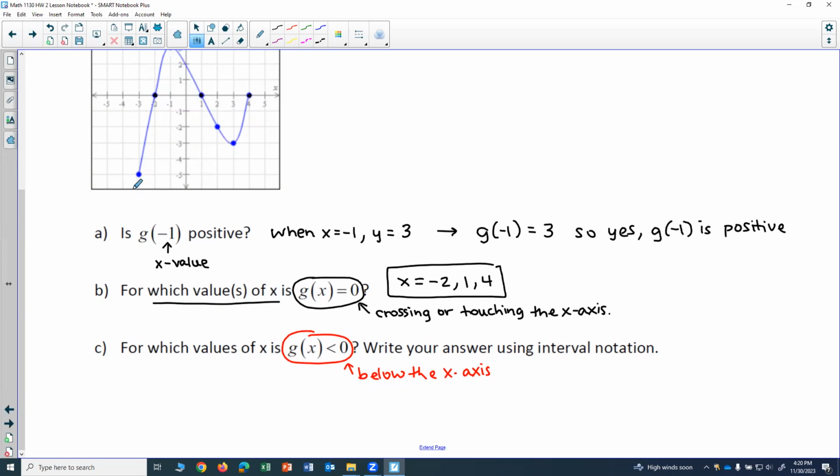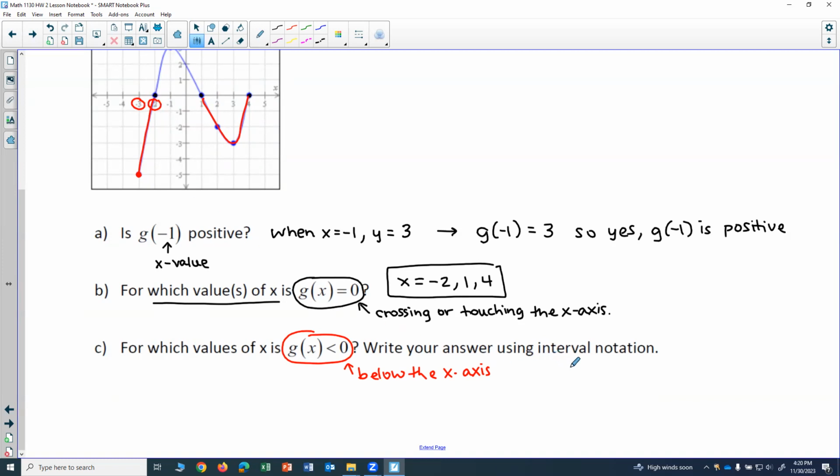So here's where the graph is below the x-axis. I have this part right here. And notice that's a filled in dot, so it's included. And then I have this part right here. So I look at the x values there. From x equals -3 to x equals -2, my graph is below the x-axis.